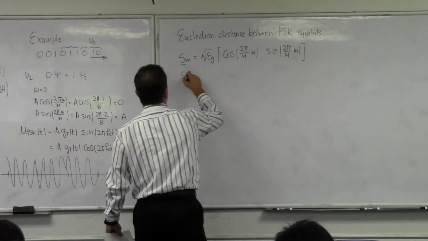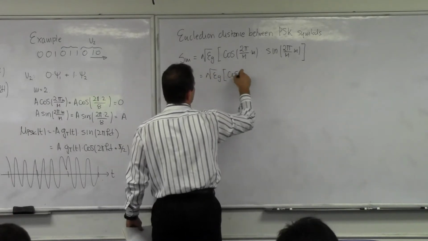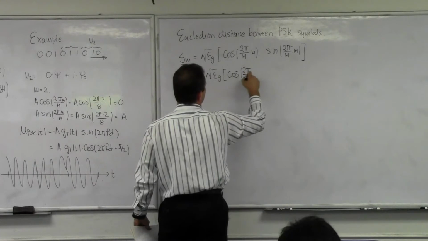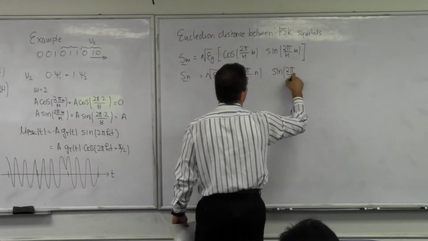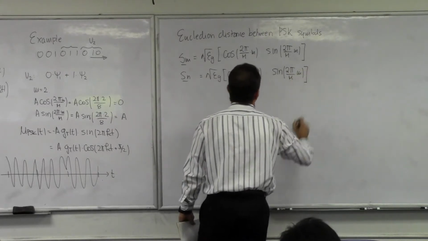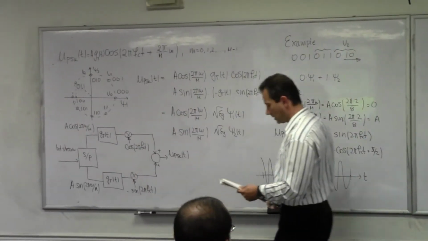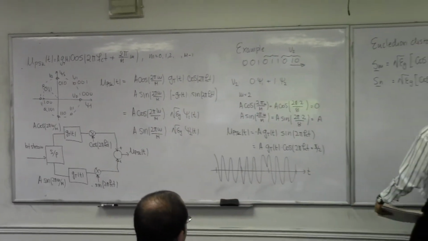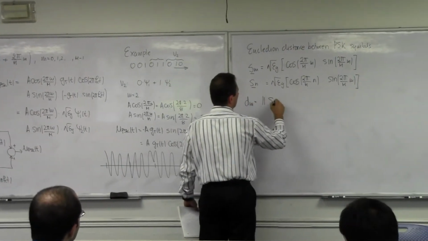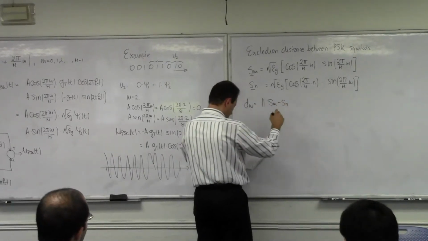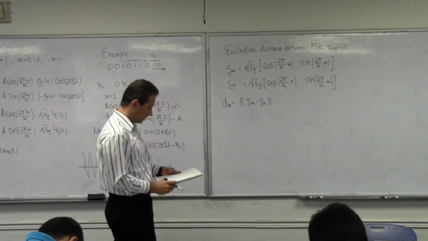And the second symbol, S_n, which is square root of energy cosine 2 pi over M times n, and then sine 2 pi over M times n. So I have 2 vectors, 2 symbols from this constellation here. And the question is, what is the distance between them? Euclidean distance we define as the norm of the difference, actually. Norm of the difference between these two symbols.